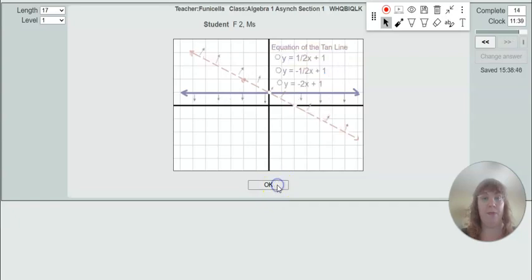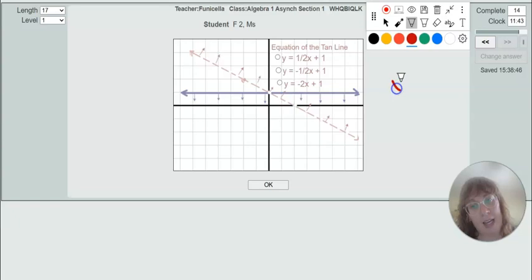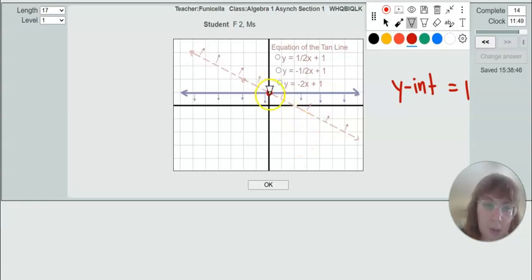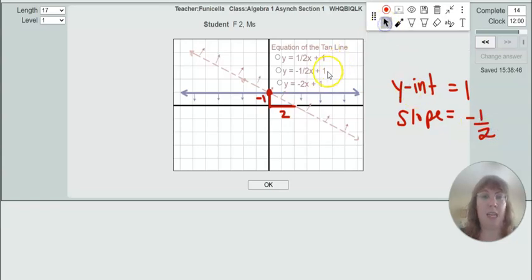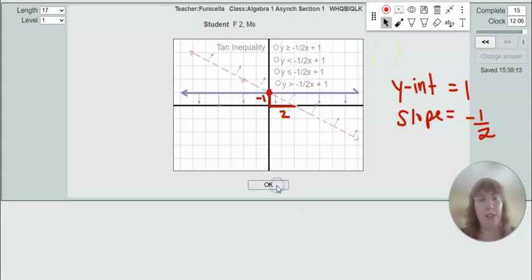Beautiful. The equation of the tan line here, it has a y-intercept of 1 right here and a slope of -1/2. So we have y equals -1/2x plus 1. That's the middle option. Go ahead and click that.